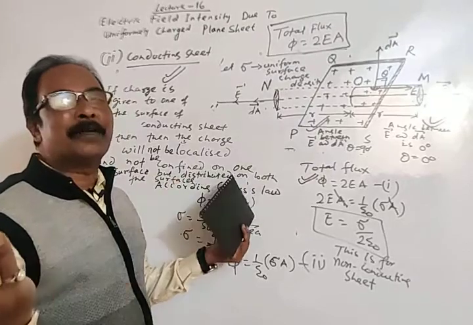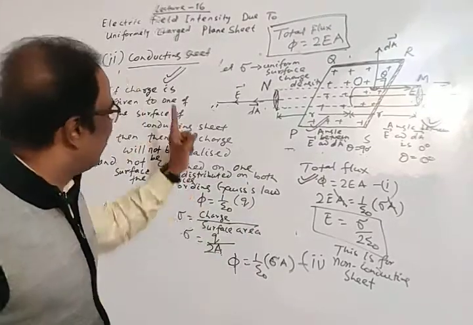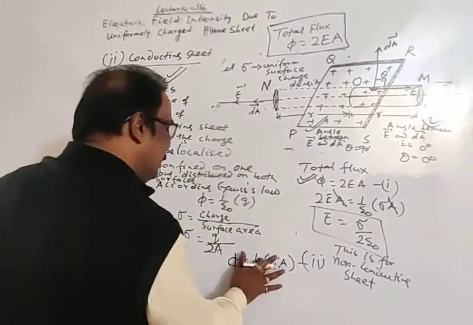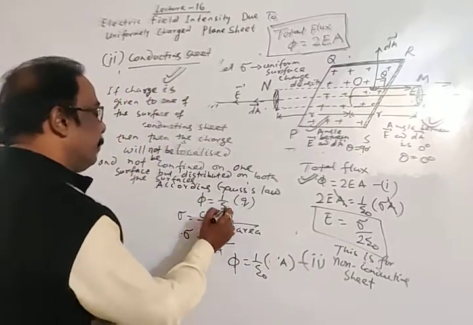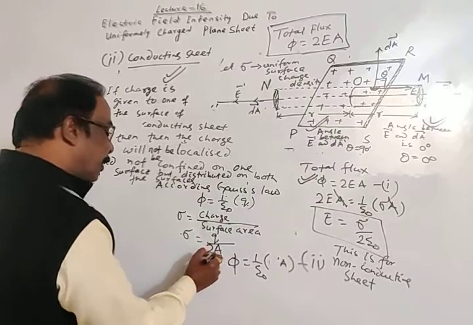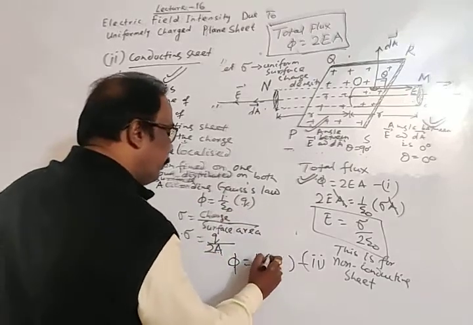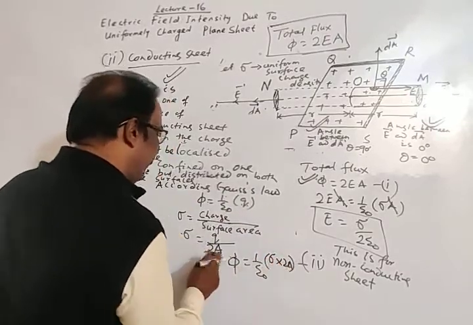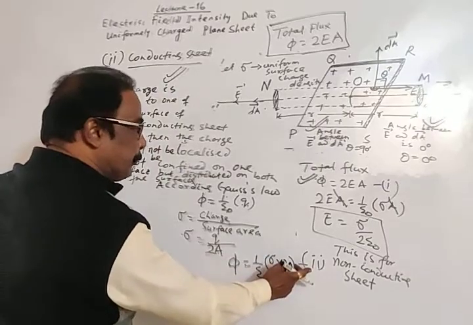The total surface area is 2A. So for the conducting sheet, flux is 1 by epsilon naught times the charge. Here charge is sigma into 2A. This is equation 2.